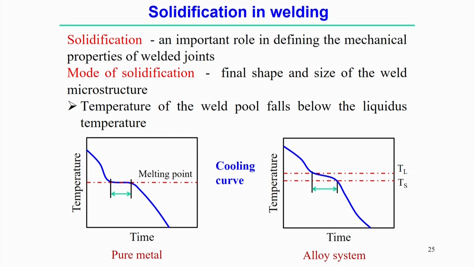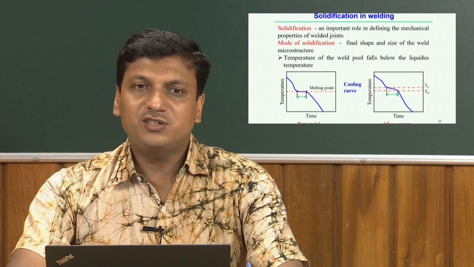Now, if we look into the typical time temperature curve in the solidification process, for a pure metal we know the basic elementary curve of time versus temperature. The first figure shows the cooling of a pure metal from some superheated temperature.